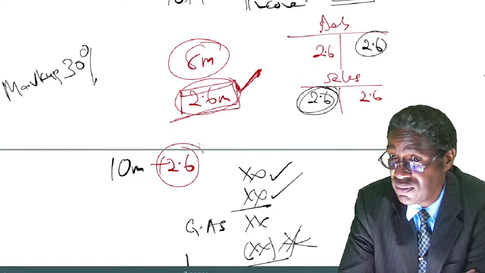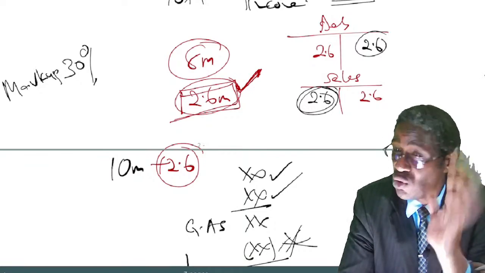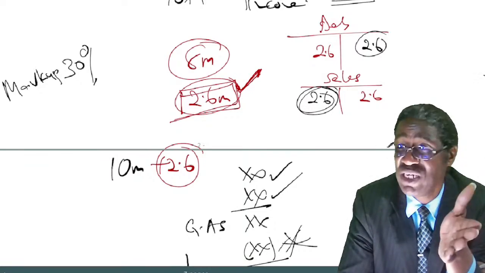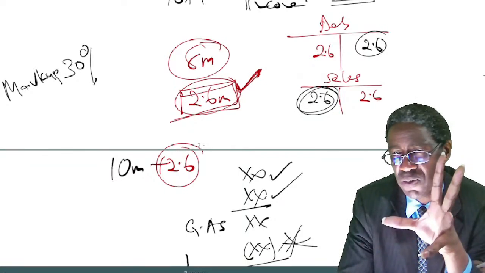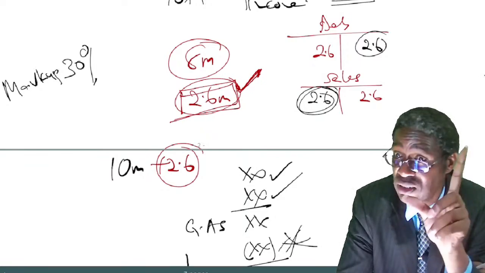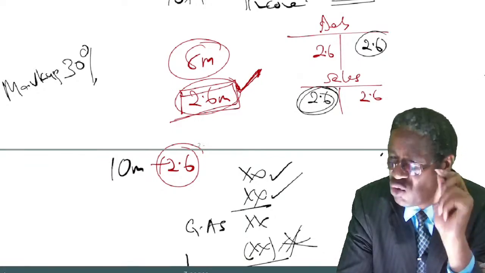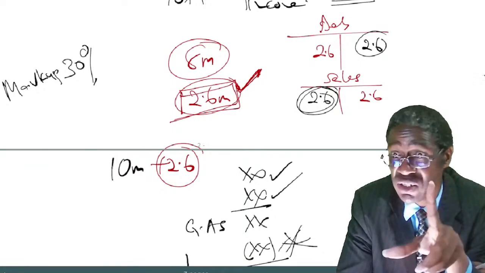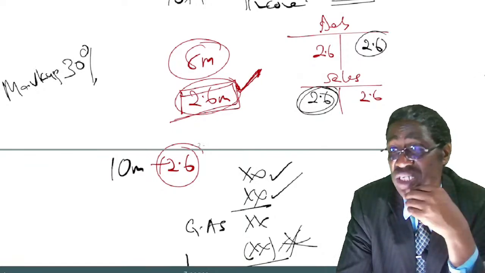Are you there? I just had to reverse the entry. When the goods were sold, we must have debited debtors and credited sales with 2.6 million. But you did that as if they were a sale. I have told you, are they a sale? No. When goods are sold on sale or return basis, you don't consider a sale because they can be returned to you anytime.